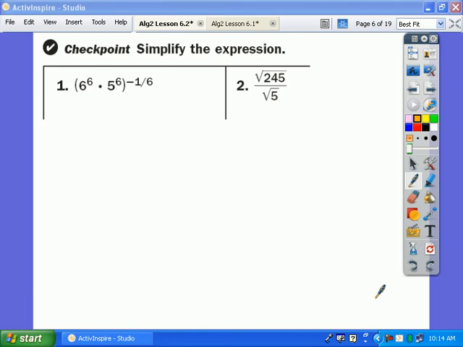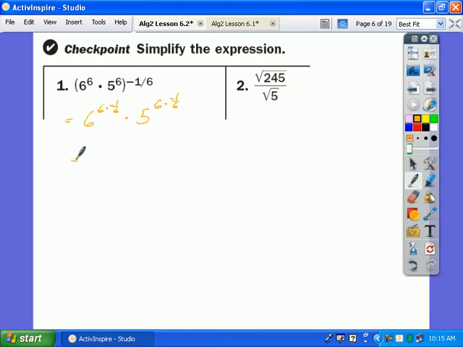On this first one, we can apply this -1/6 into both pieces at the very beginning, or we can combine the 6 and the 5, and then work on the negative 1/6 later. I think I'll bring in the negative 1/6 to begin with. And so it gives us 6 to the 6th power times negative 1/6, times 5 to the 6th times negative 1/6 power.